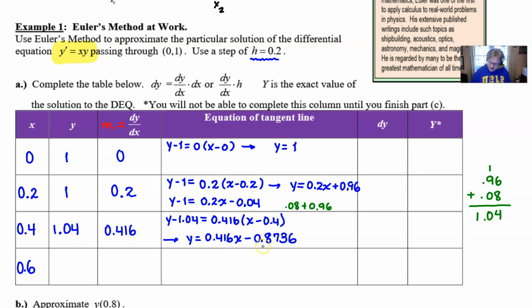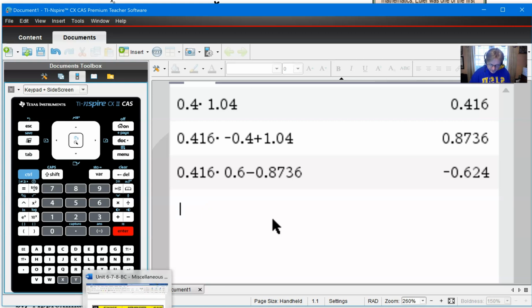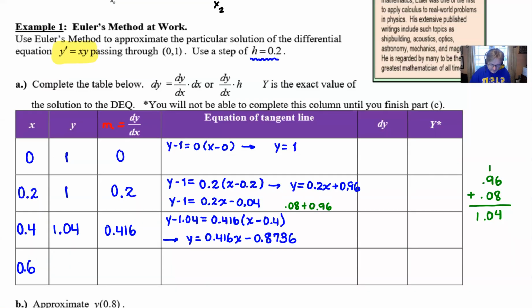So we go to our calculator, and it's going to say 0.416 multiply by 0.6, and then I will subtract 0.8736. And that's going to give me negative 0.624. So that's going to be this new number here, right?